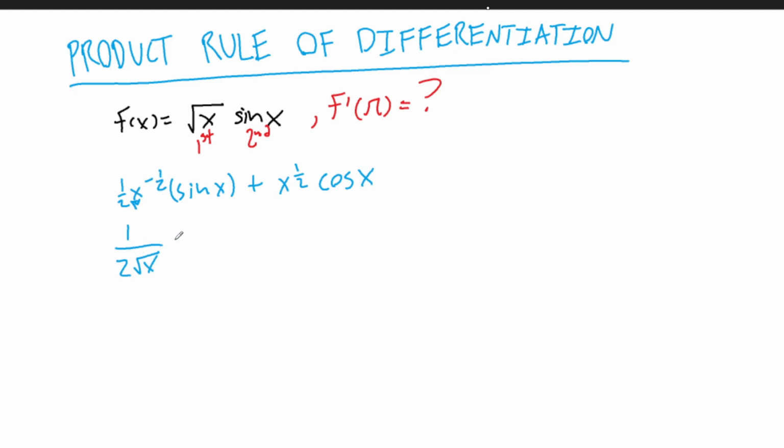So we have this times sine x, and then plus just root x times cosine x. So now let's start plugging in pi. We can kind of just write over like this, pi, pi, pi, and pi.